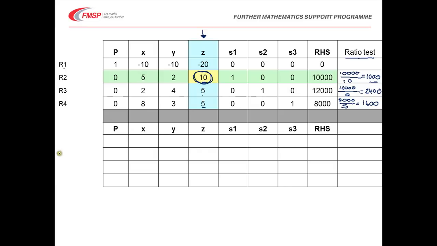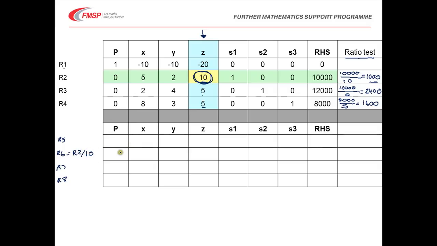So first of all, what we're going to do is we're going to take the row that contains our pivot element and we're going to make this coefficient 1, and we would do that by dividing row 2 by 10. So this one will be row 5, row 6, row 7 and row 8, and row 6 is the old row 2 divided by 10.